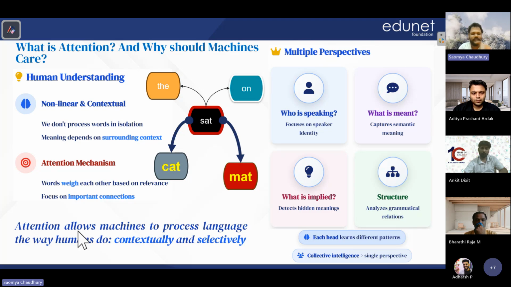So a very subtle way of summarizing it all is that attention allows machines to process language in the way humans do, that is, contextually and selectively. Sometimes this happens whenever someone asks for a break.